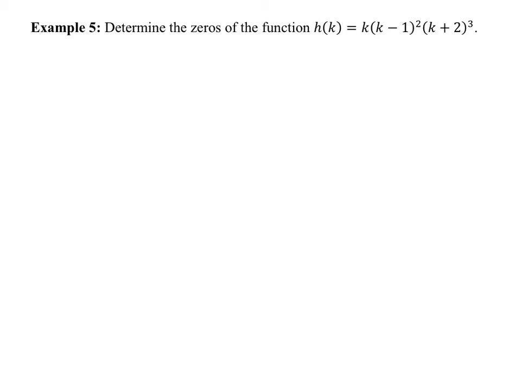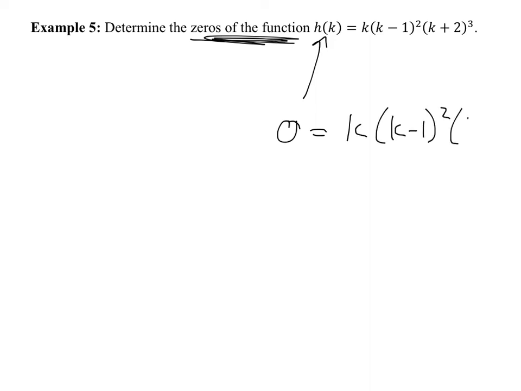So when you're finding the zeros of a function, it means you're setting the function equal to 0, and you're solving. All right, that's what you're really doing when it says find the zeros of a function.